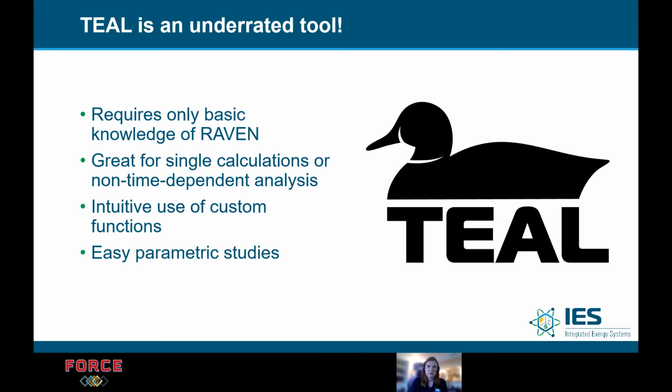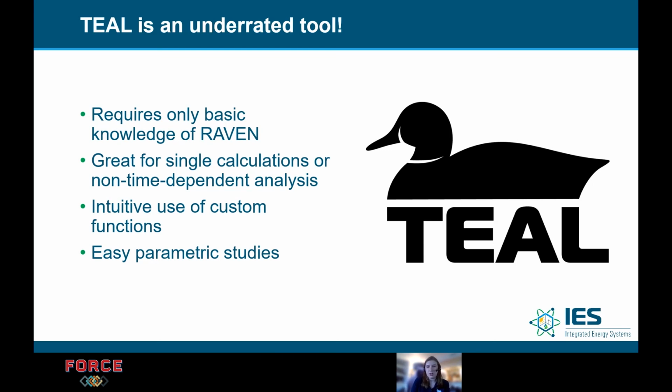Okay, so I have a question. It is an open source tool, right? Where can I get it, and how do I install it? Does it just integrate with Raven, or is it installed together with Raven? Yeah, it's installed together with Raven when you're going through the Raven installation process.